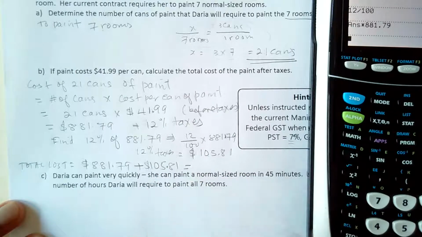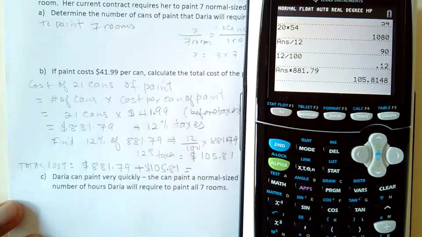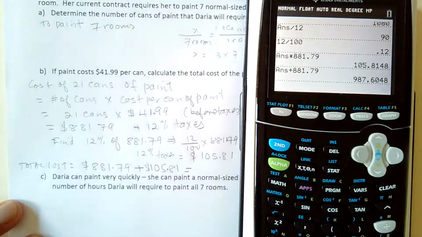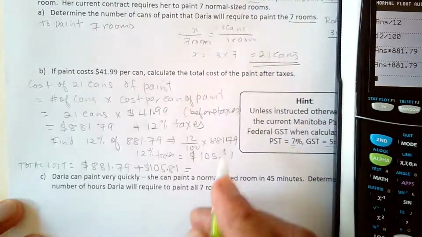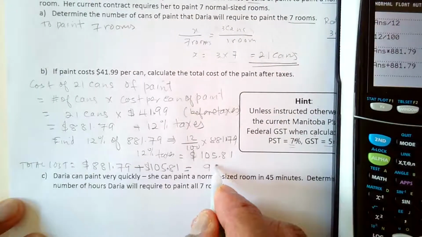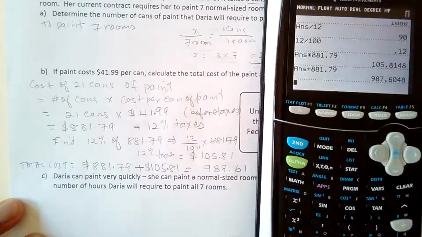Now that will give me, on my calculator here, plus $881.79, $987.60. Or it could be 61 cents if I round up here.